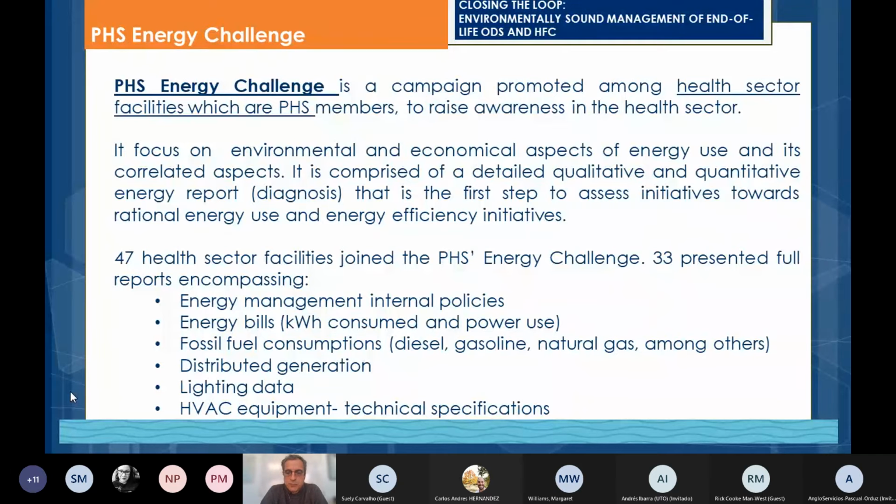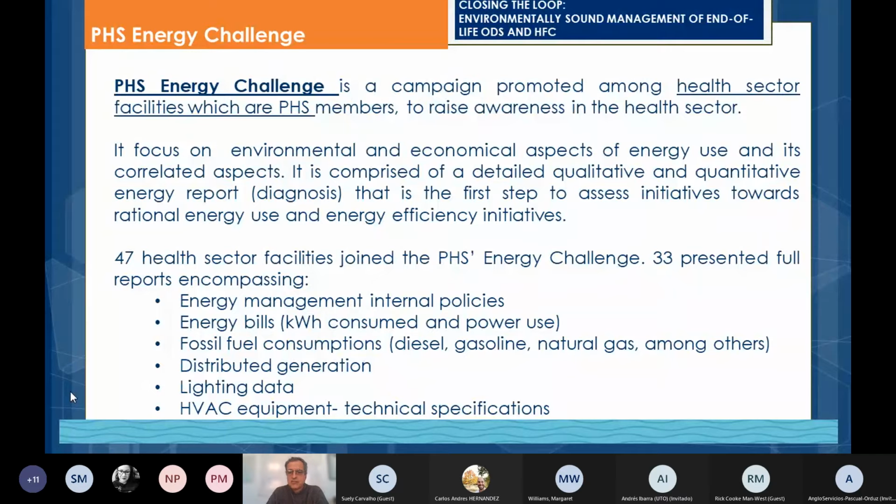PHS Healthy Hospitals project have 4 main campaigns, which we call green challenges. These 4 challenges are climate, energy, sustainable procurement, and waste management. Each challenge implies a commitment to environmental performance goals and measuring, managing, and reporting results towards those goals.